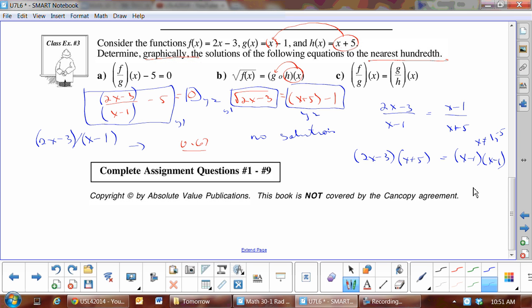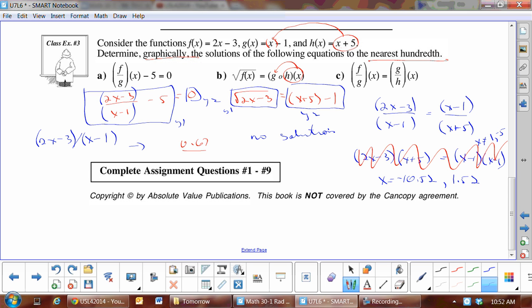So algebraically, that's the only way we know how to solve it. But stay away from turning it into that and then graphing it because of the non-permissibles. Okay, and we get two answers, right? X equals negative 10.52 and 1.52. Again, make sure that you put them in brackets.